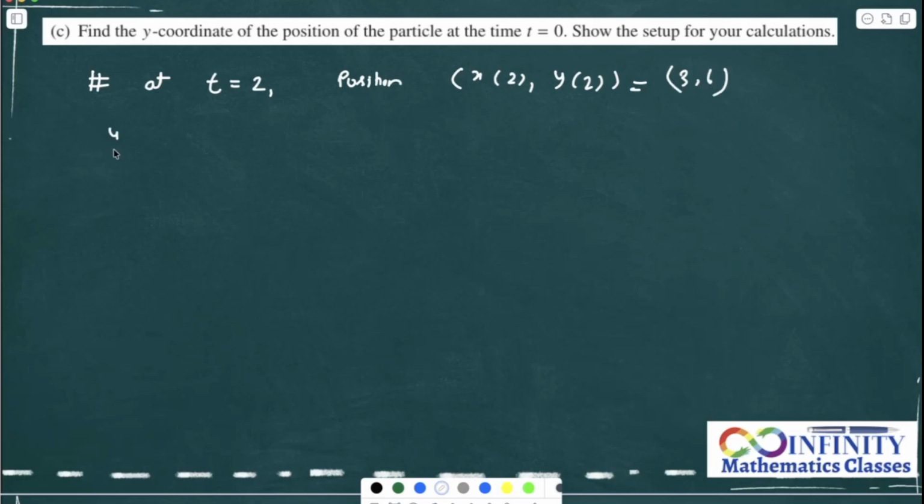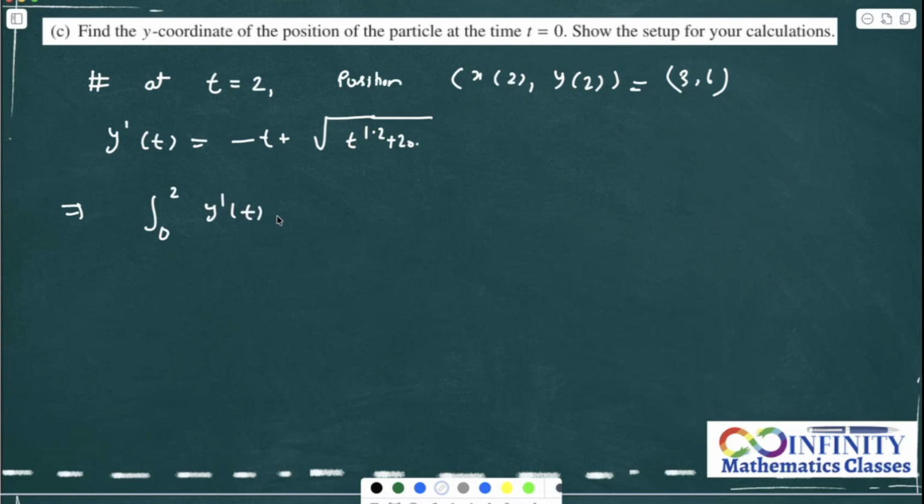And y prime is given to you. What is y prime? It is negative t plus square root of t exponent 1.2 plus 20. So that means if I integrate from 0 to 2 y prime t dt, I should be able to get y2 minus y0.